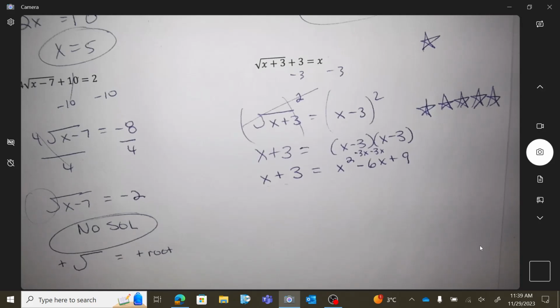Okay, so that's a whole FOIL. Do you guys also remember perfect squares, that it doubles and squares to that? Remember all that stuff too?